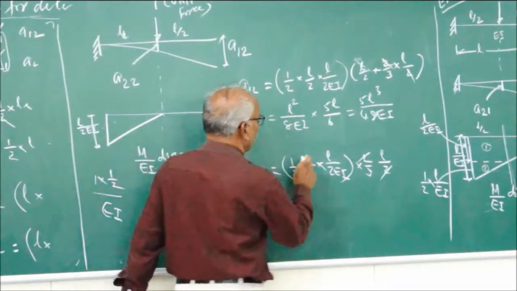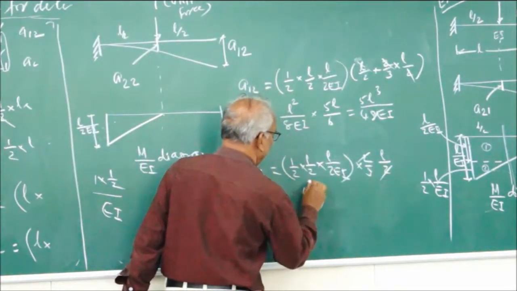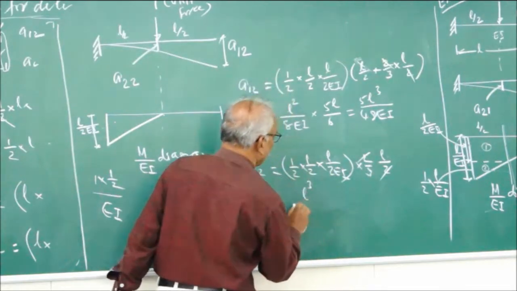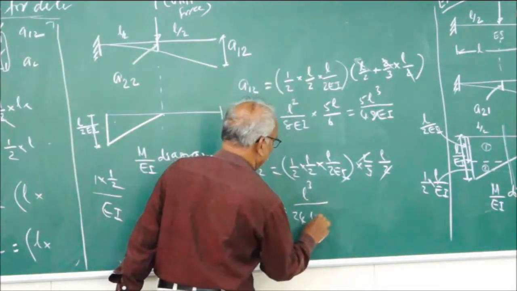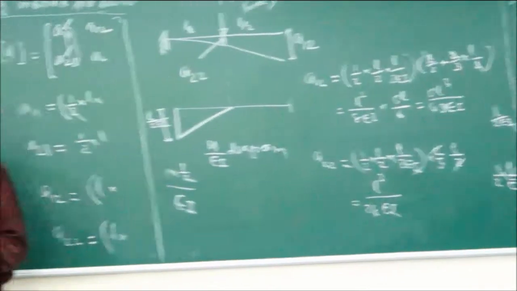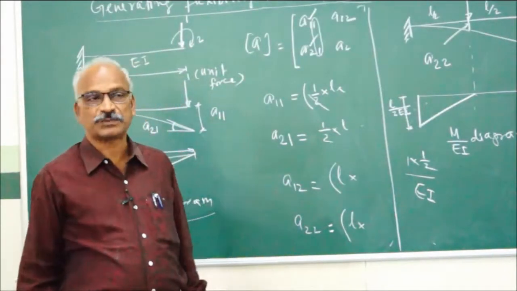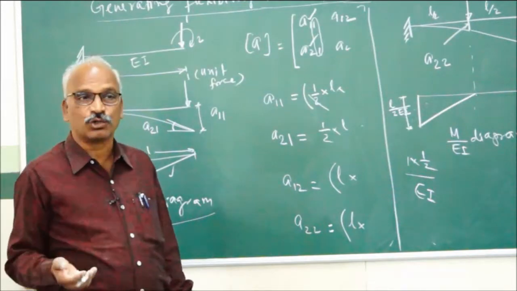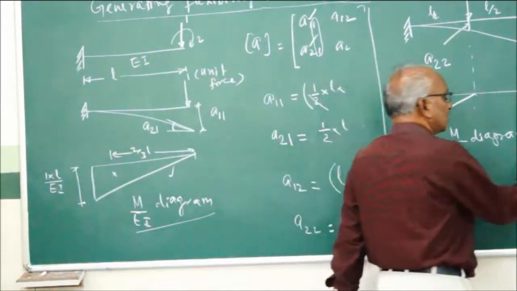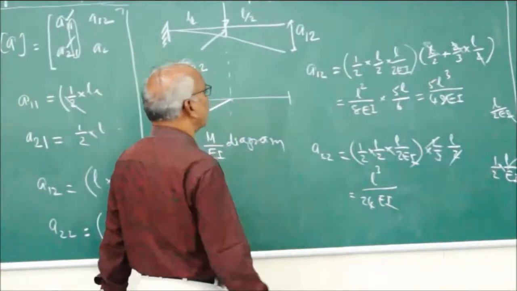That is equal to L cube by 24. So that is the displacement along coordinate 2 due to unit force along coordinate 2. That is A22 equal to L cube by 24 EI.